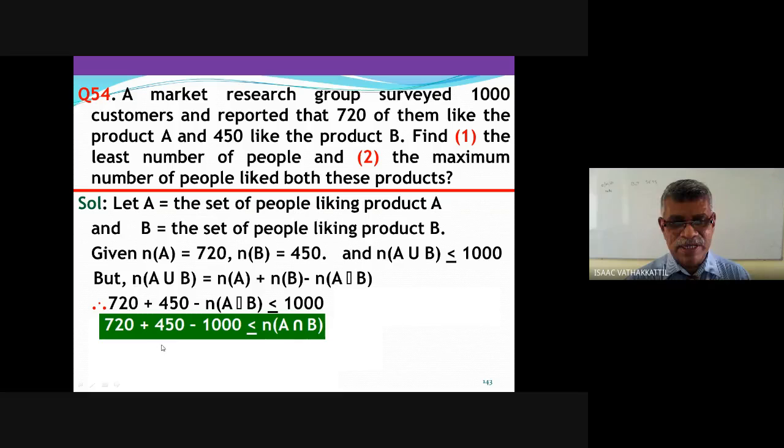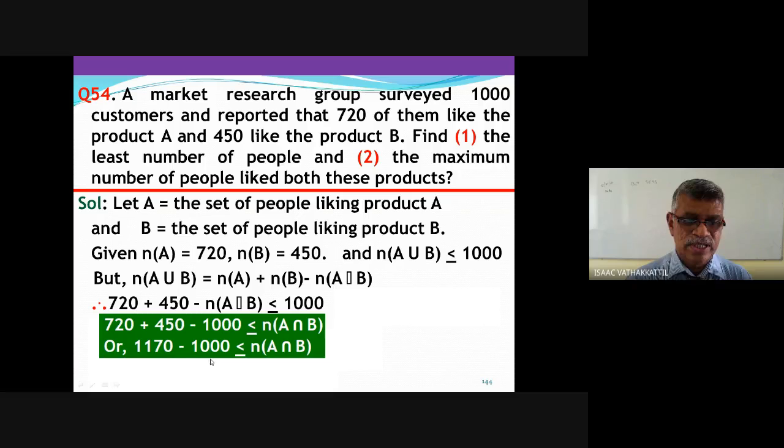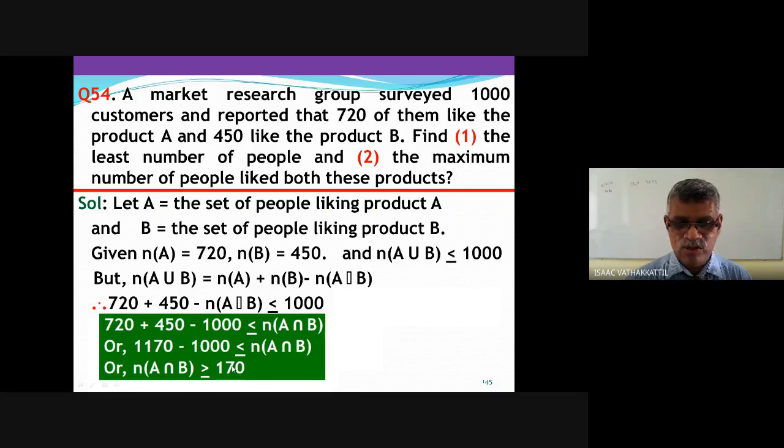So 450 plus 720 minus 1000 must be less than or equal to number of A intersection B. That means number of A intersection B must be at least 170. It is actually the minimum, the least number of people: minimum 170 must lie.